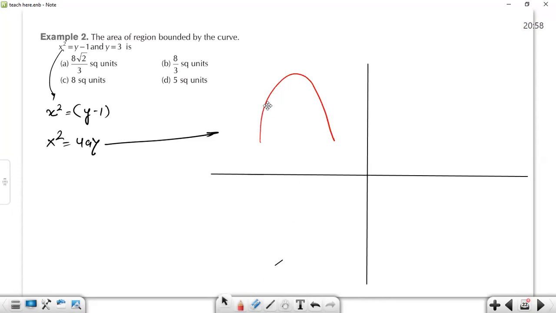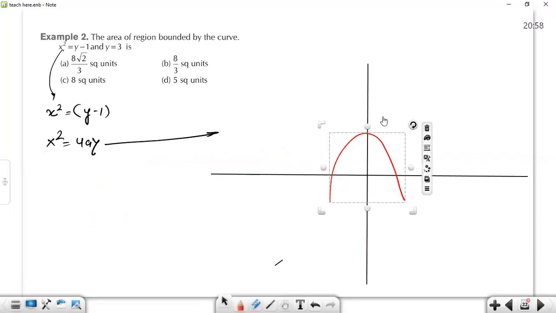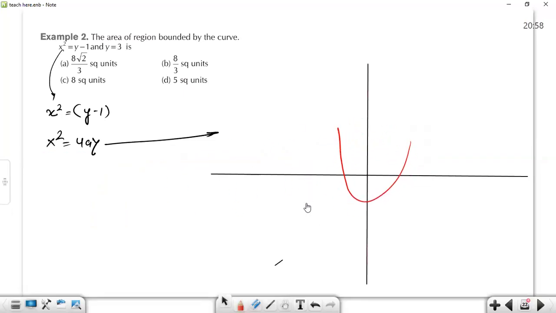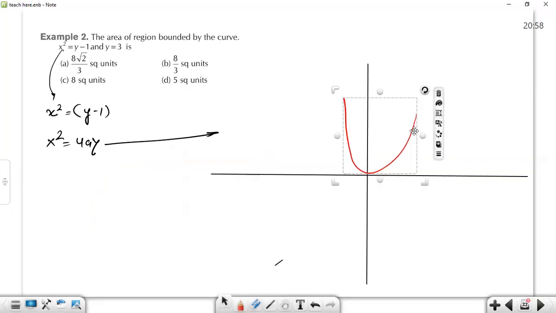So this is a parabola. In this case, for all values of x, y would always be positive, so it will face upwards, and it is also touching the origin. This is a parabola touching the origin.